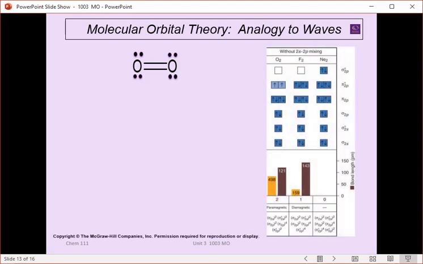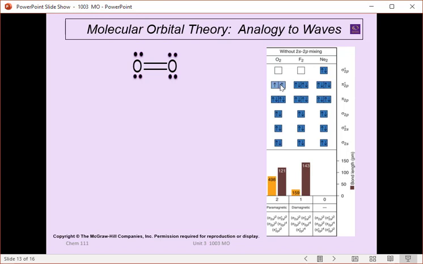But then you go to your molecular orbital theory and you go, okay, each oxygen brings in a total of 6 valence electrons. So how many do we have to fill? We have 12. So we go 2, 4, 6, 8, 10, and then the last 2 go into the pi star, which means the pi antibonding, and because of Hund's rule, they're both spin up.